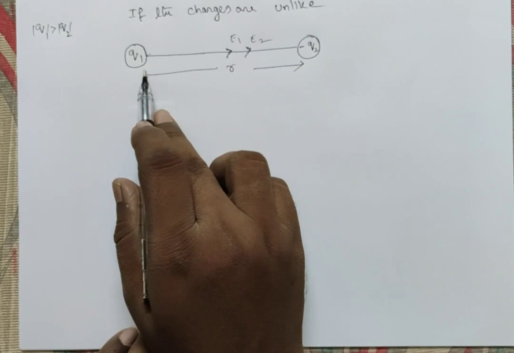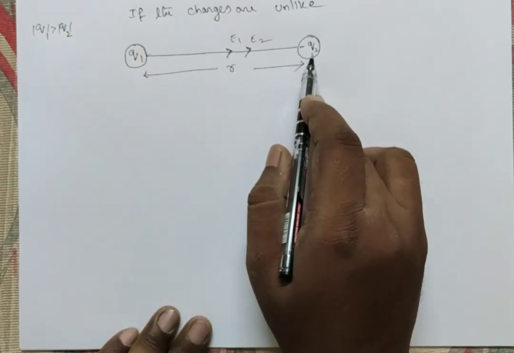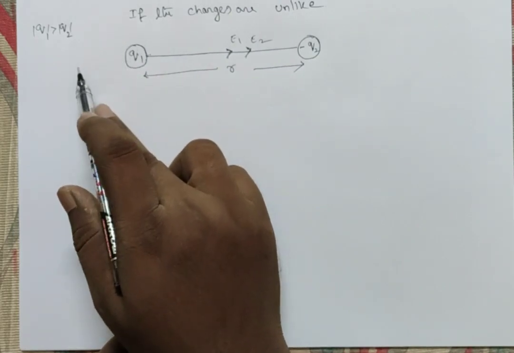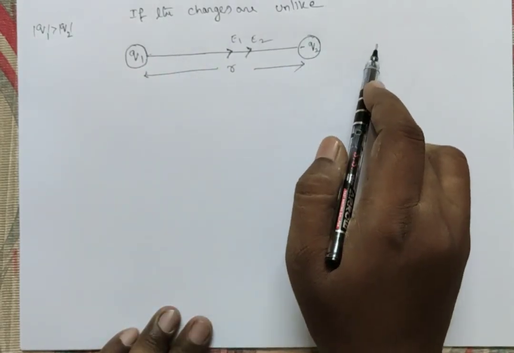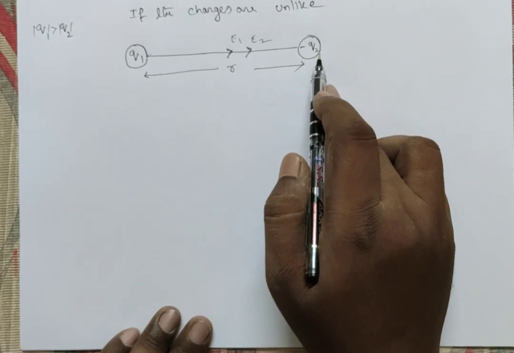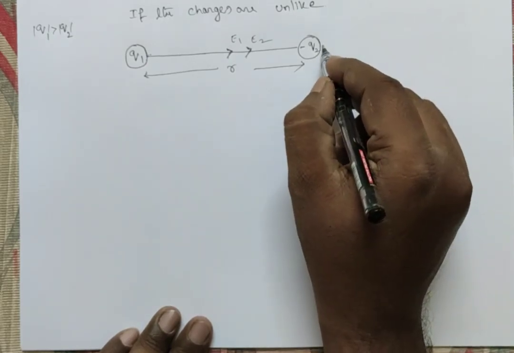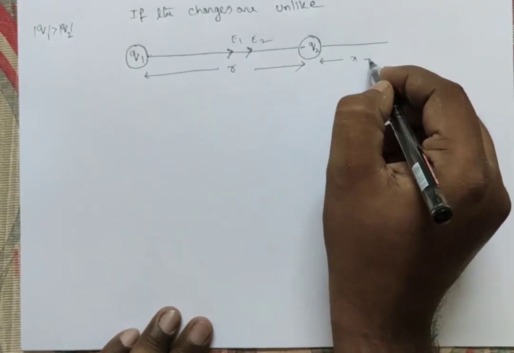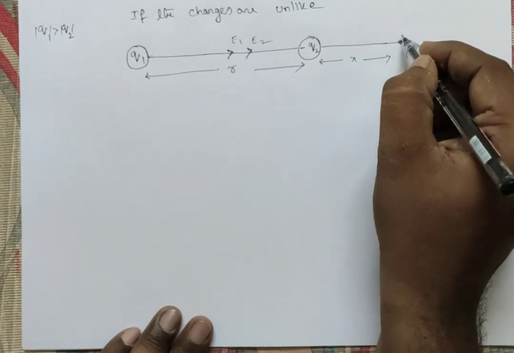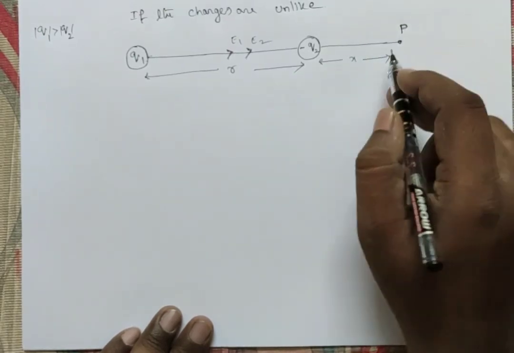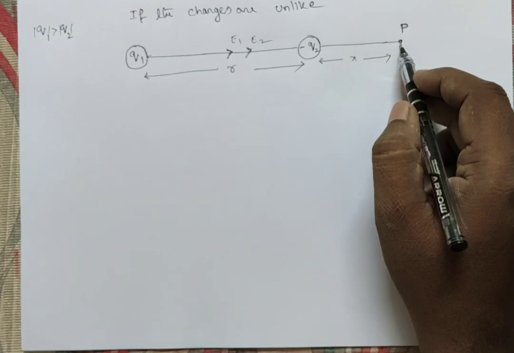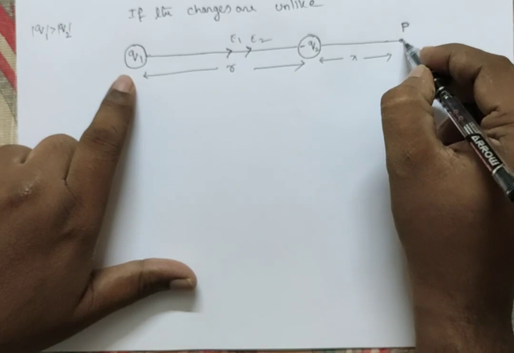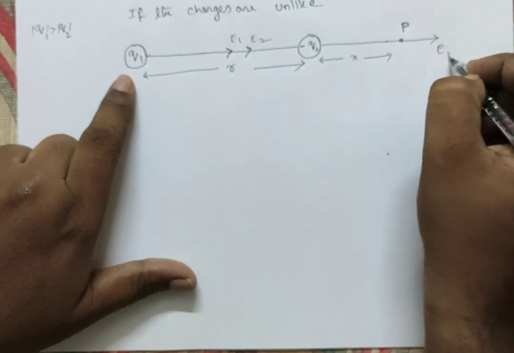Q2 is the smaller magnitude, so you should not take outside of Q1, you should take outside of Q2. Let this distance be x, and take the point as P. At point P, the electric field intensity due to positive charge Q1 is away from it, that is E1.